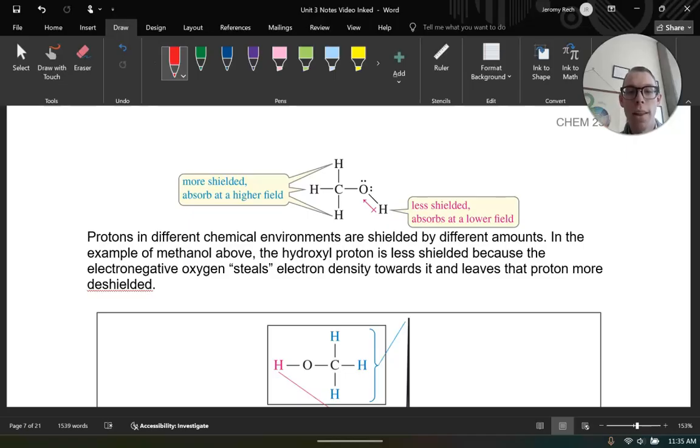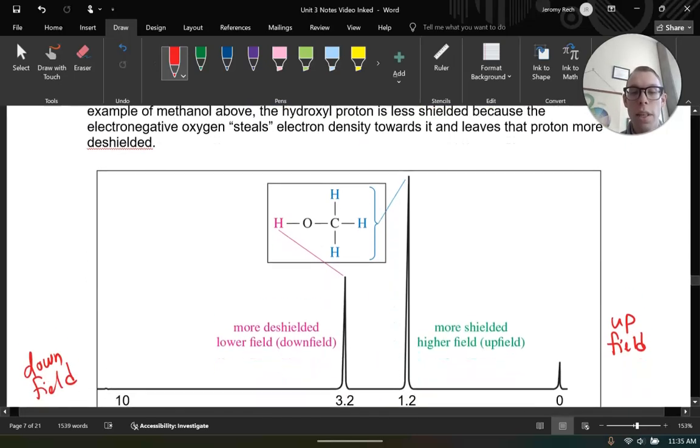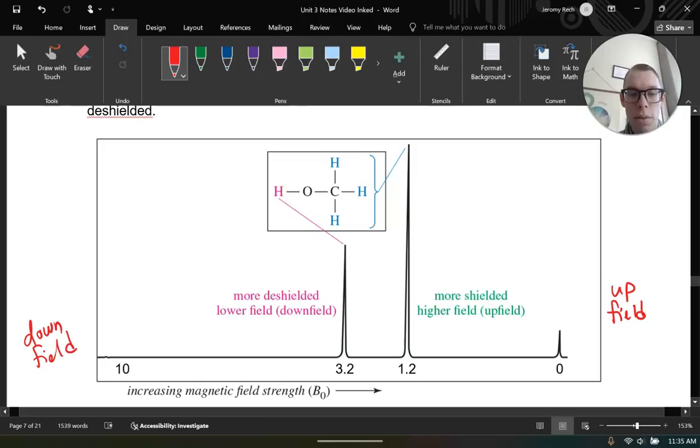If you're farther away, then you're more shielded, or blocked. So the H that's part of the alcohol is more exposed, and that is why this pink proton is at a lower field, or more downfield.